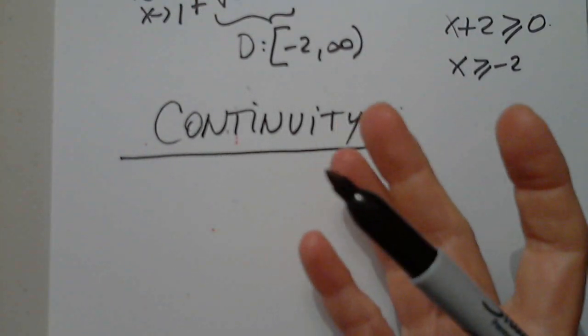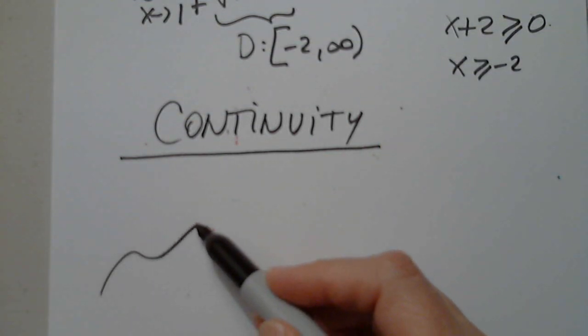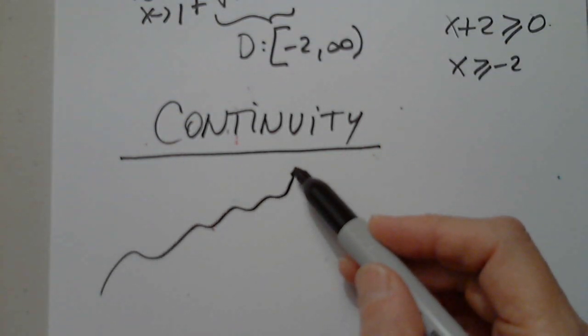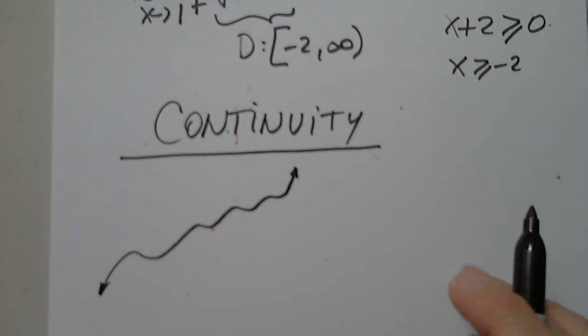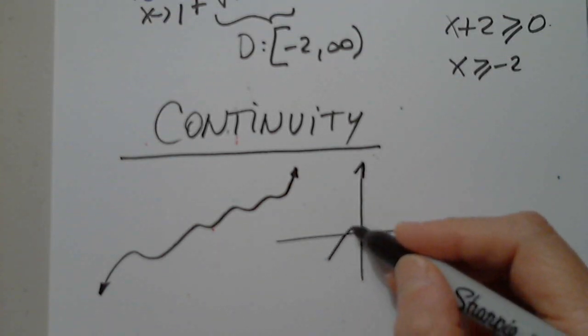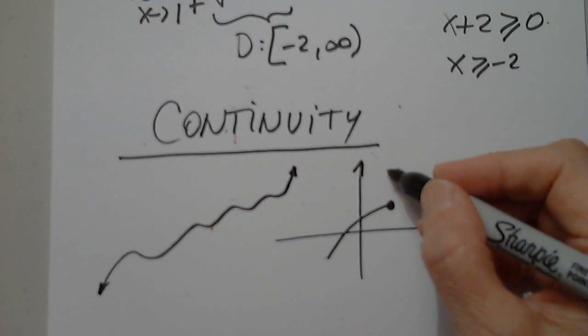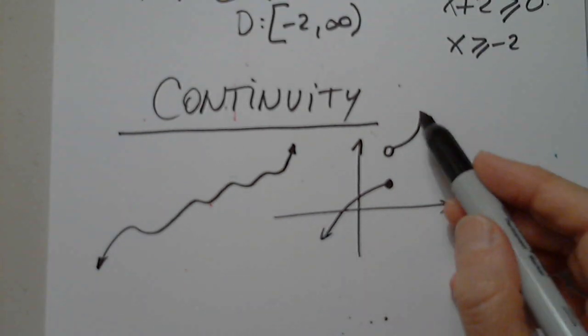Next, we want to talk about something called continuity. A function is continuous if I can graph it without lifting the marker off the paper. This is a continuous function. What about this one? Is this function continuous?